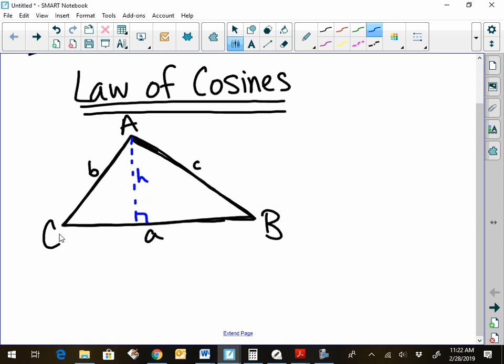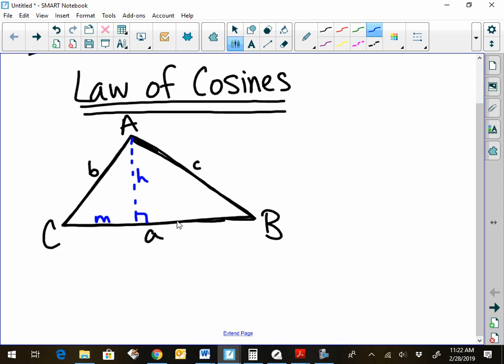And cosine also has to do with SOHCAHTOA. So cosine is the ratio of adjacent over hypotenuse. Let's remember that. We're going to talk about this side down here. Let's label this first part right here M. So M is the distance from here to that height that we drew.